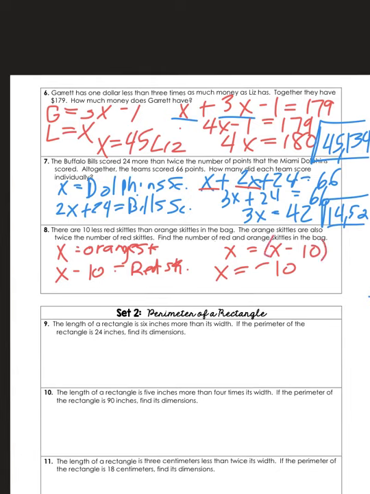Let's take this and do twice. Now let's try. All right, distribute. 2x minus 20. x equals 2x minus 20. Nope.